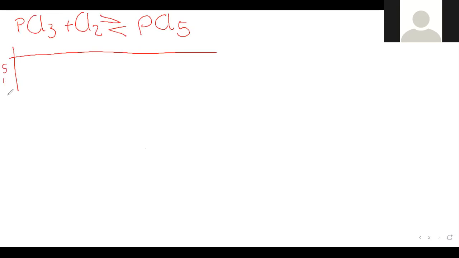Start, reacted, equilibrium. So at the start for PCl3, we have got 0.546 moles. For Cl2, we have got 0.373, and we're also told at equilibrium we have 0.178 moles of PCl5.